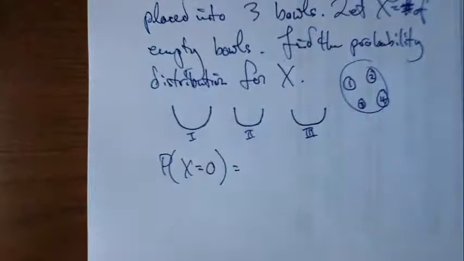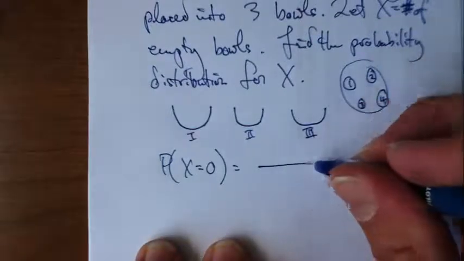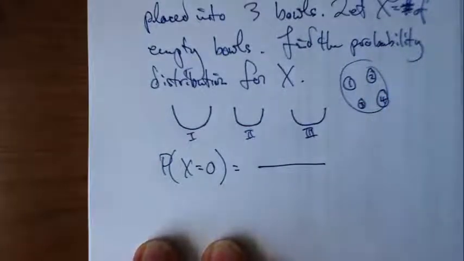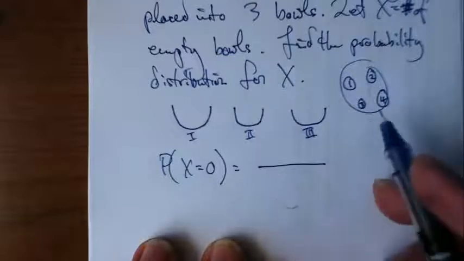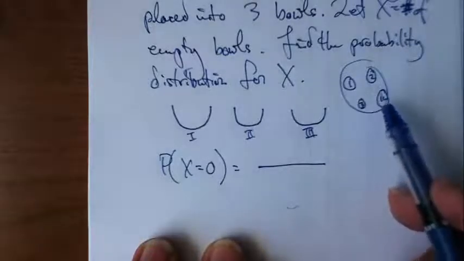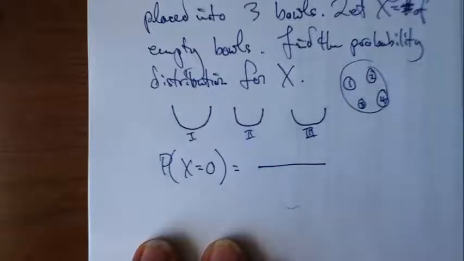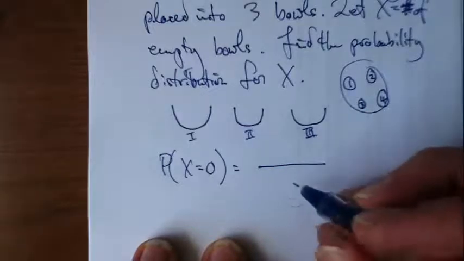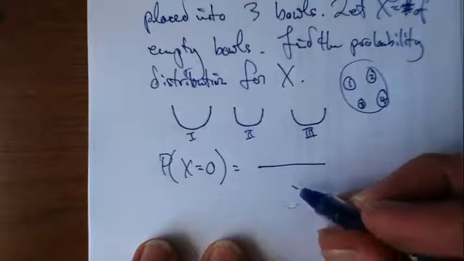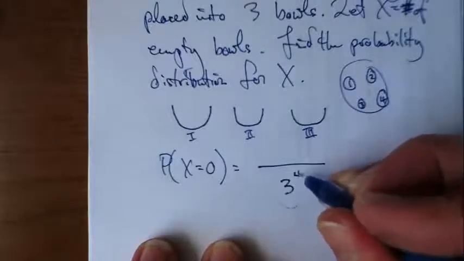First of all, let's count up the number of ways I can drop the distinct balls into the distinct bowls. Any thoughts on that? How many ways can I just drop the balls into the bowls? I think it's 3 to the 4th.